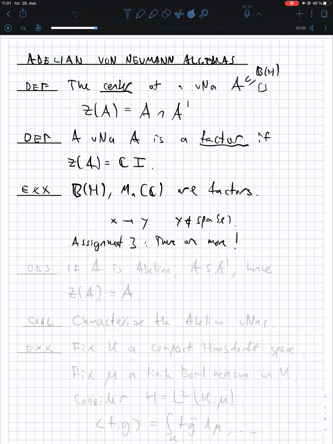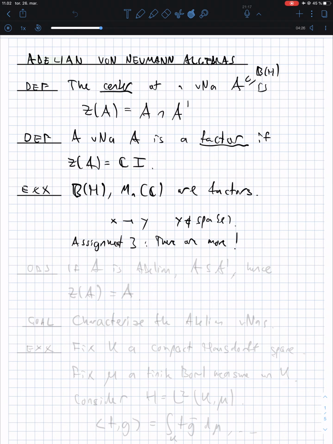This is a non-trivial fact, and in fact, the theory of factors in von Neumann algebras is a very important theory that has contributed to the understanding of operator algebras in a highly non-trivial way. We don't have time to go into it in this course, but there's lots of things to say.